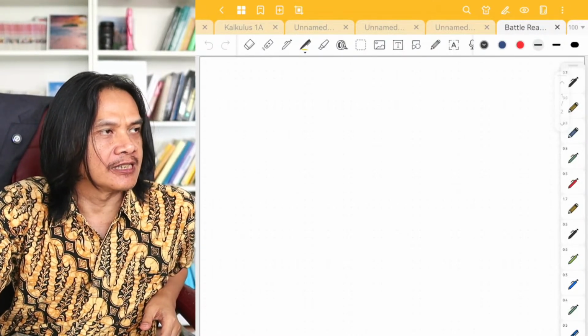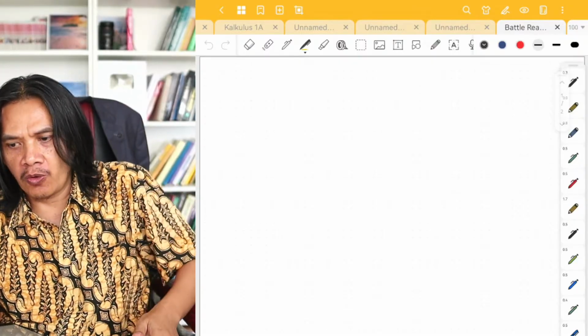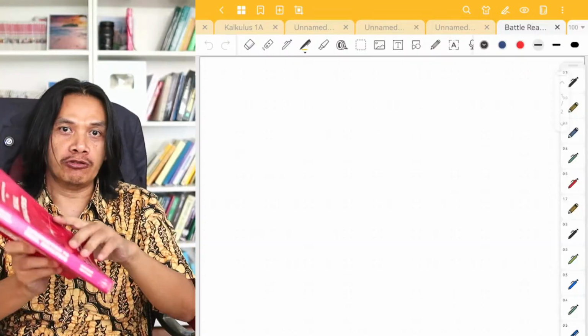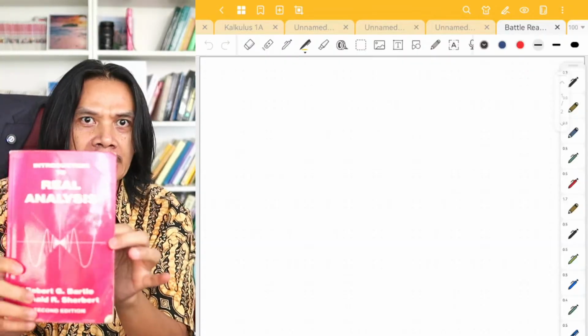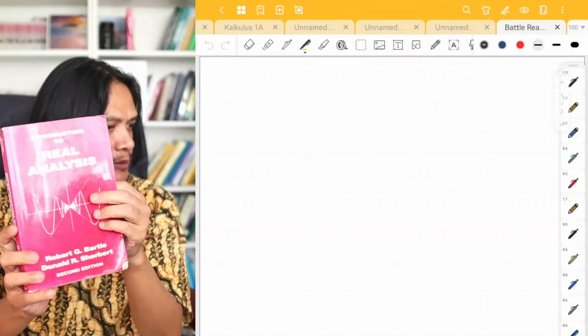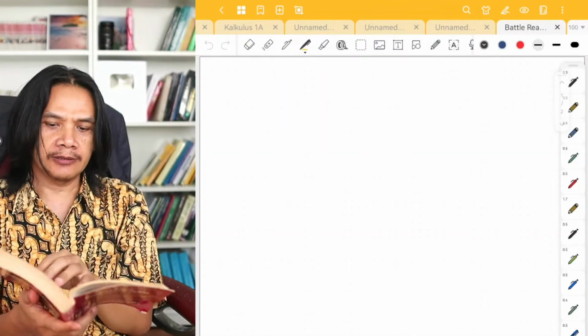Okay, so what we are going to do is use this Bartle book and do some exercises from it.